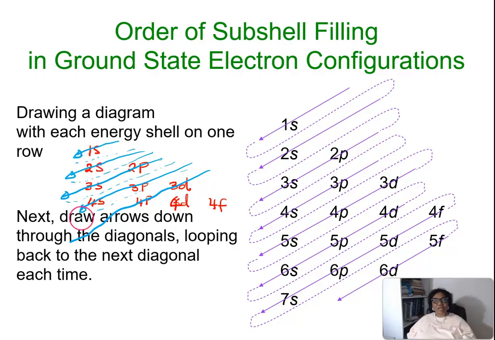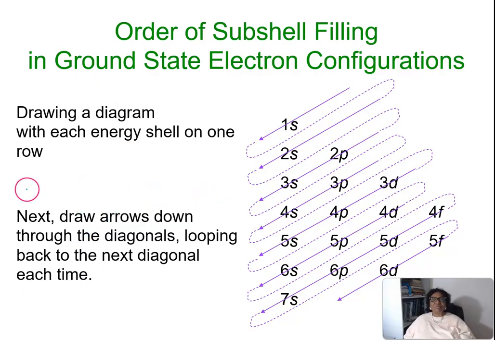In column 1, you write the s orbitals, just write them down. Then in the second column, write the p's down. Then you start filling them. That's how you get the electronic configuration.